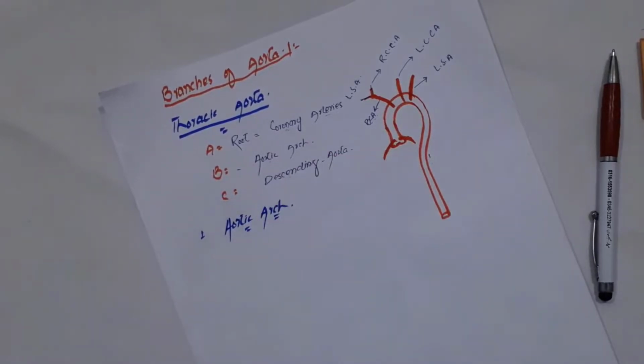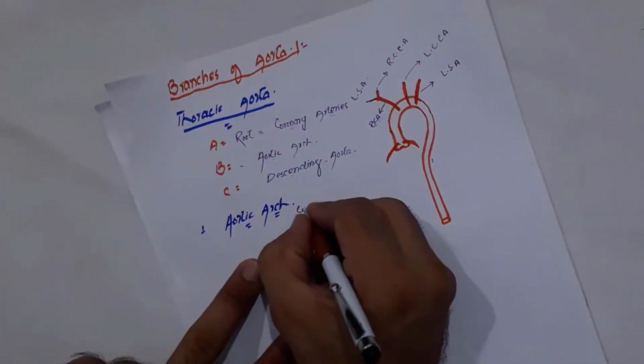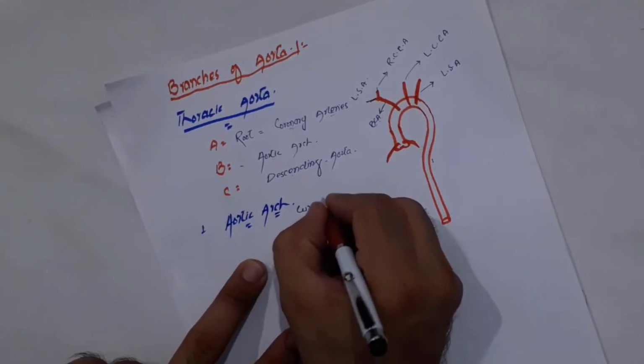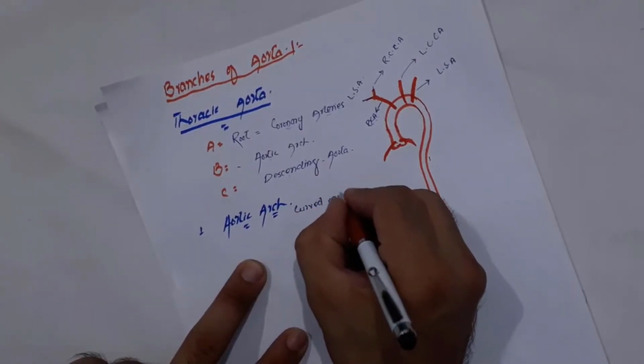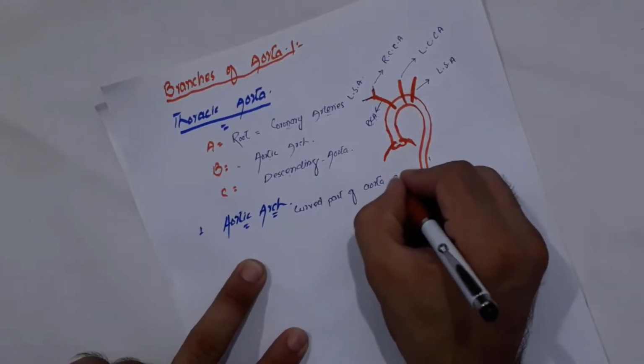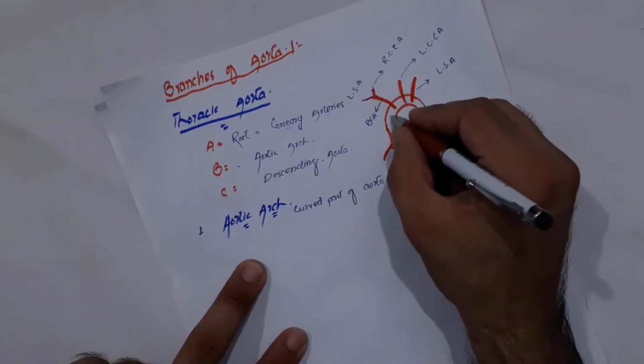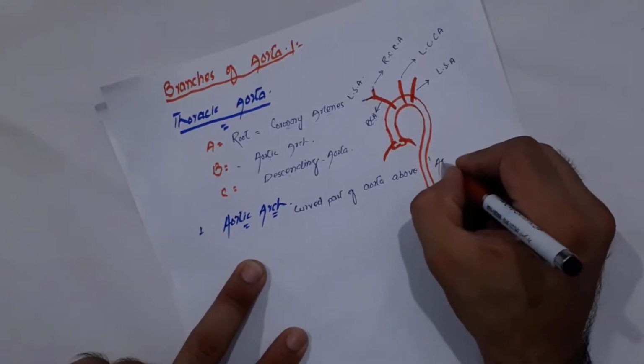The arch of the aorta is the curved part above the ascending aorta. Let me write it. It is the curved part of the aorta, above the ascending aorta.